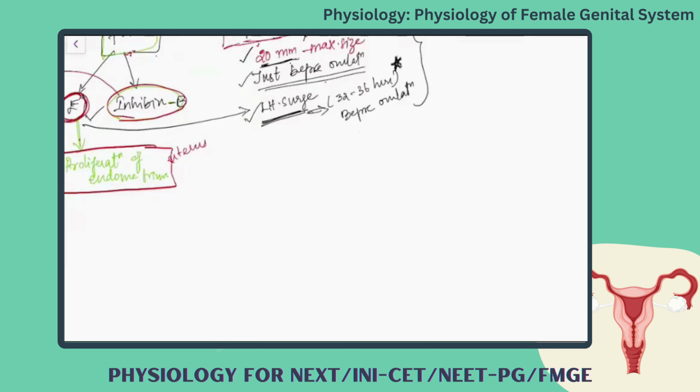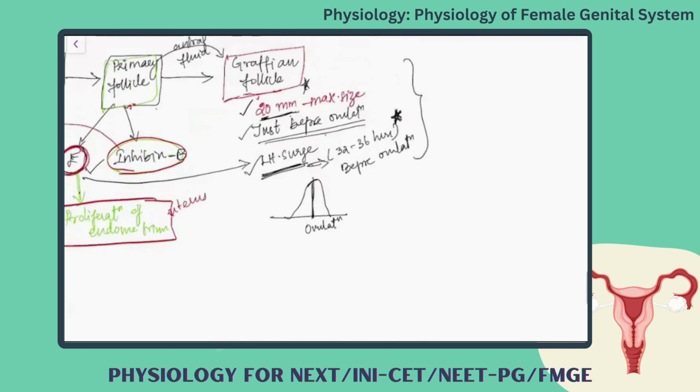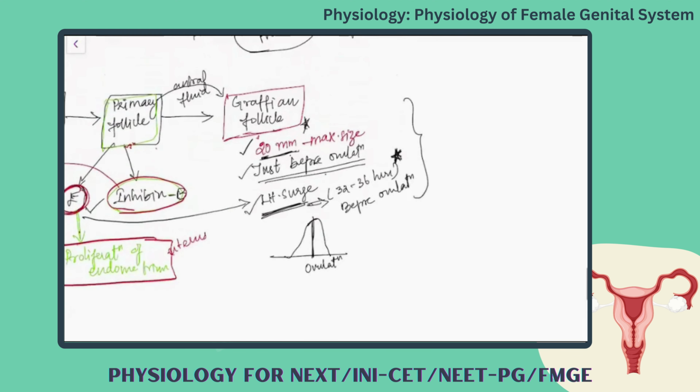You will get the LH surge like this, and this is the point where ovulation is going to take place. This sudden rise of the LH surge makes the Graafian follicle release the ovum. Okay, clear?